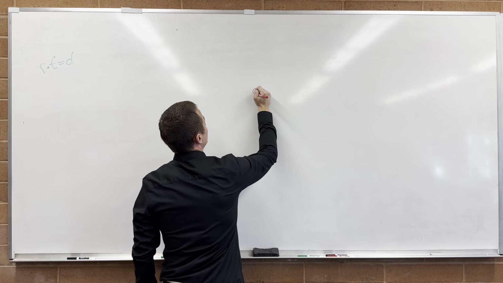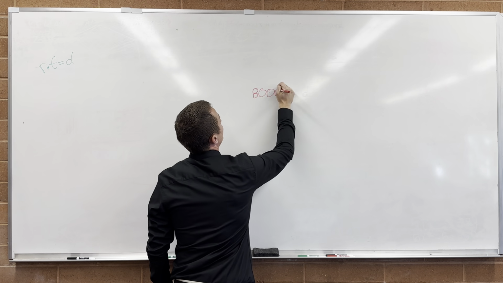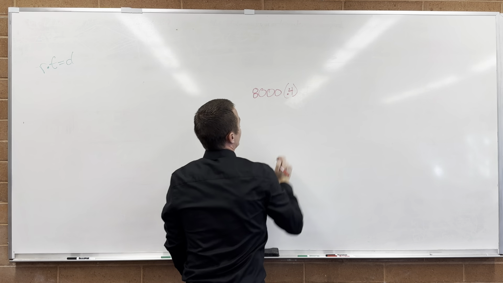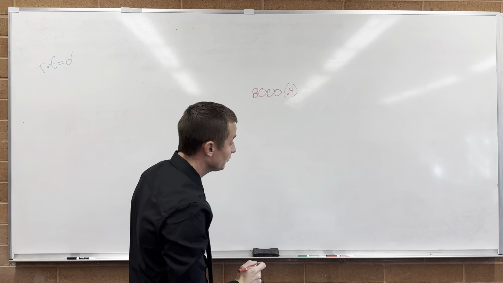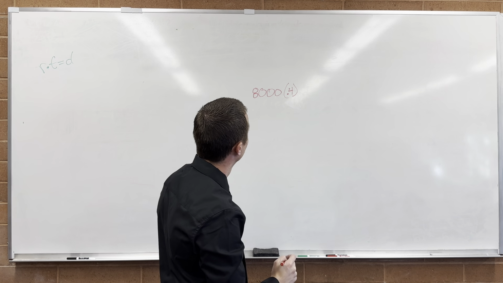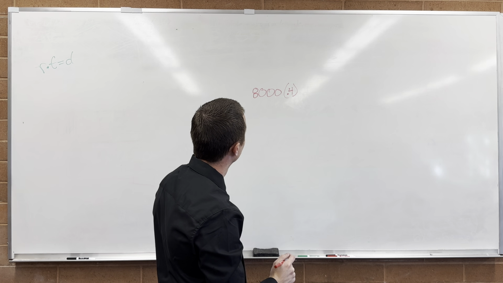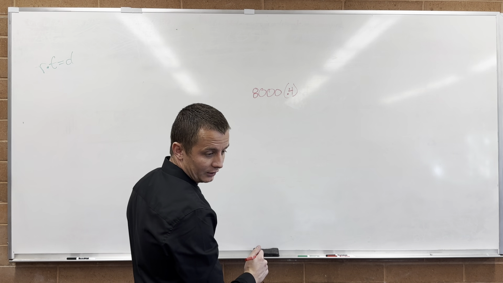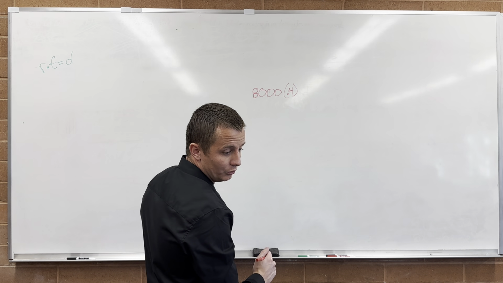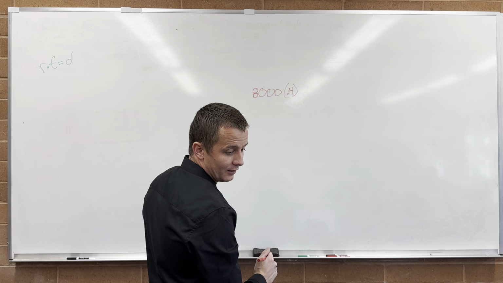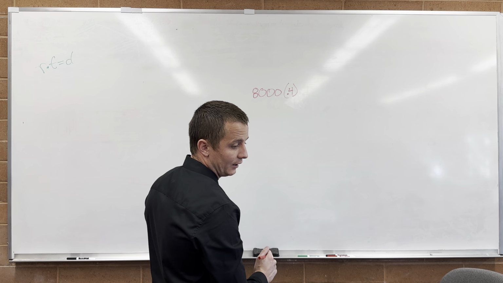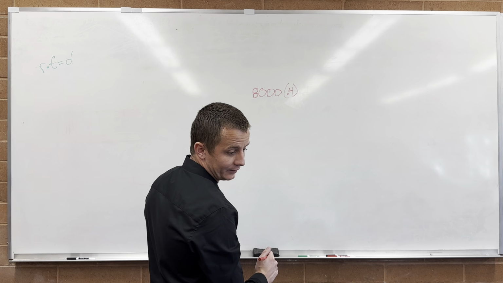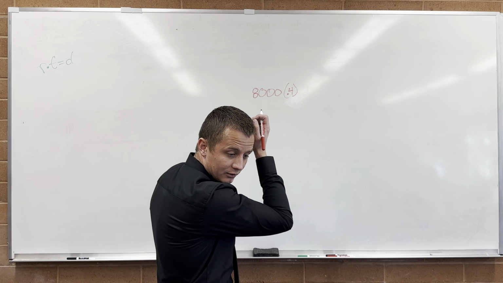I have 8,000 liters of something that is 40% acid. And I want it, when it's all said and done, to be a solution that is 30% acid. So I'm watering this acid down to make it 30%.